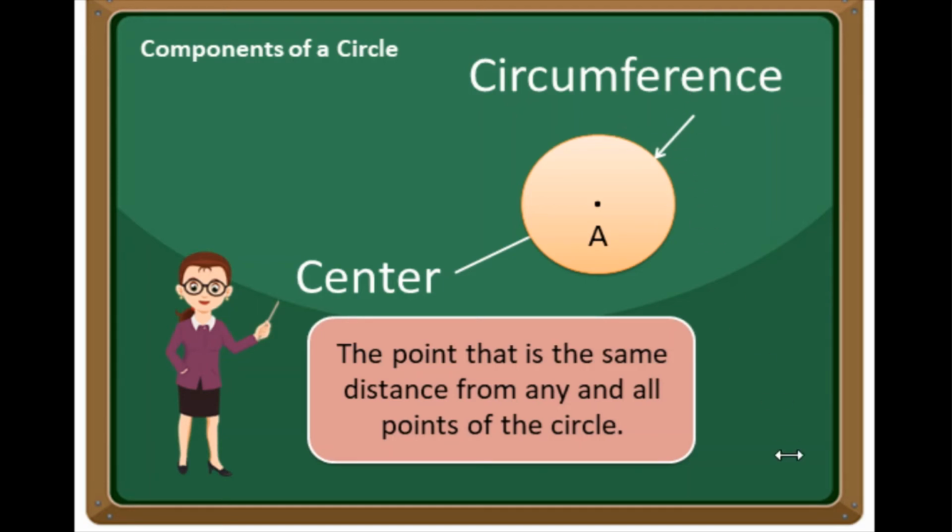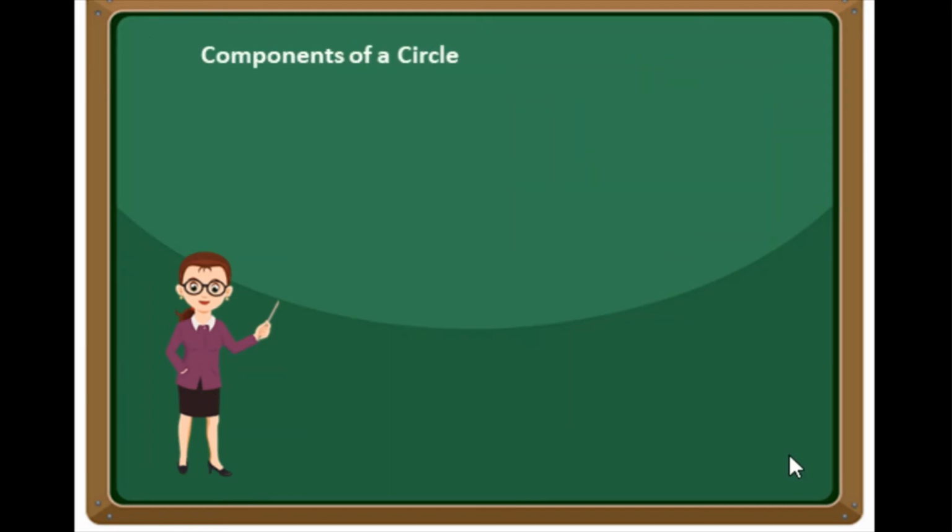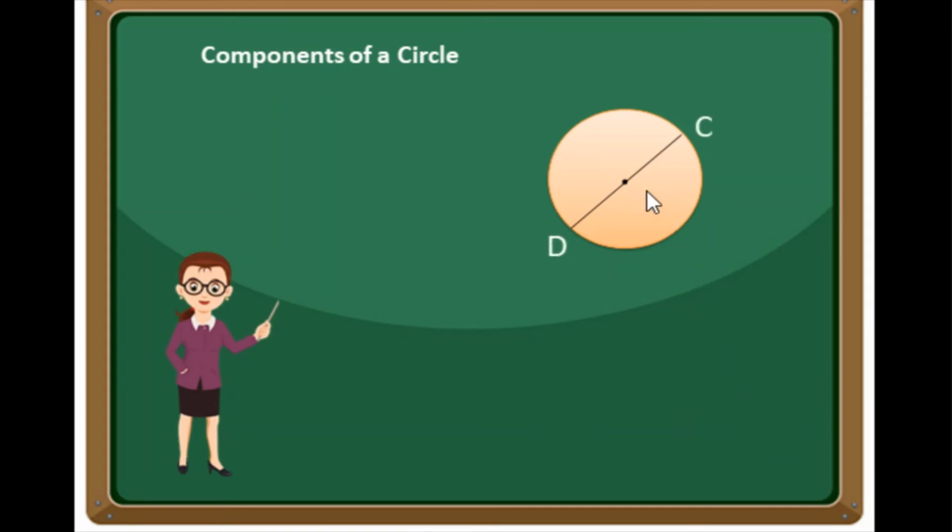Okay, let's move to the next one. Another component of a circle is from line CD or line DC. This component is called diameter.